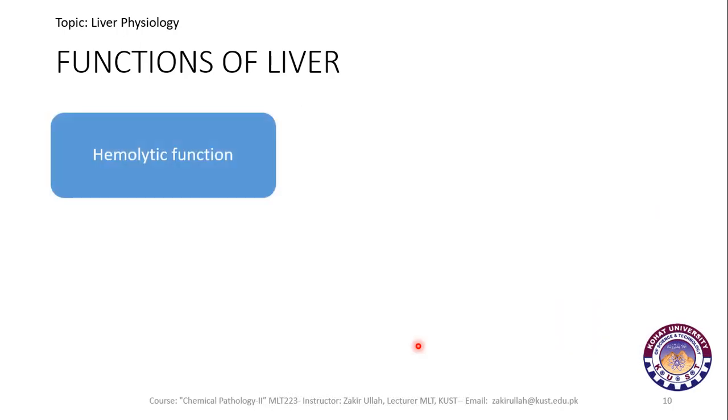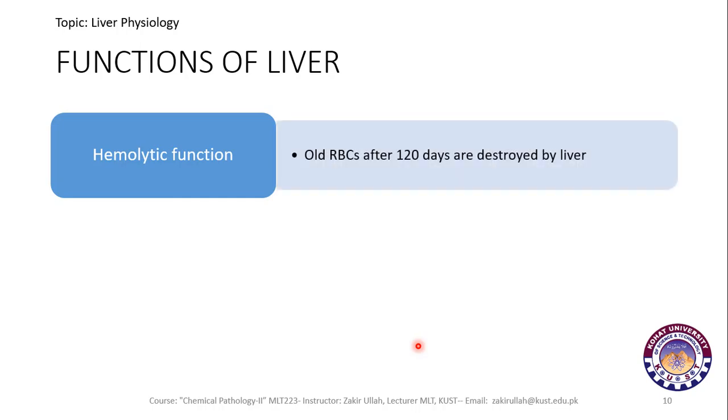The next function is the hemolytic function. Hemolysis also occurs within the liver along with the spleen, because the reticuloendothelial cells of the liver and of the spleen screen every red blood cell within the blood, and when the blood cells span their life of 120 days, these old red blood cells are captured by these reticuloendothelial cells and broken down.